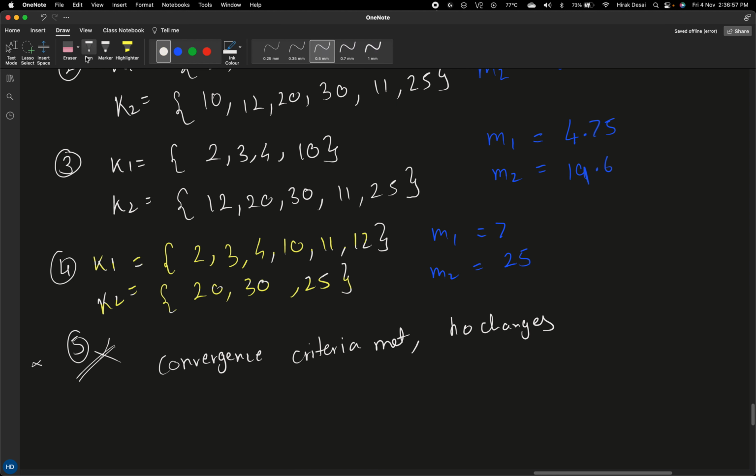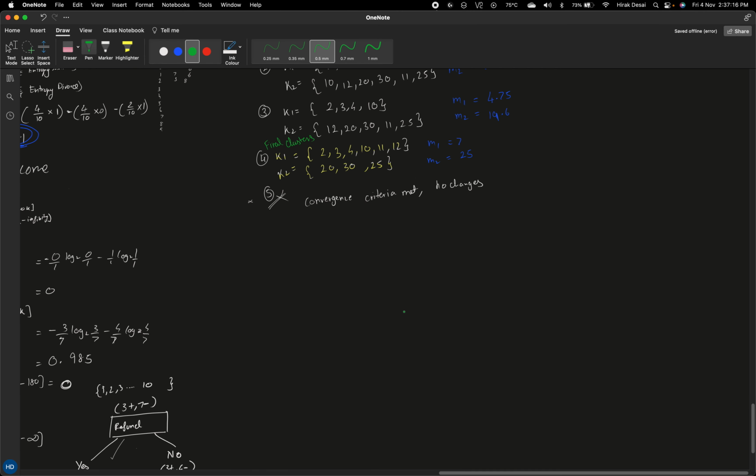So that's the answer. So I'll just write them down. Final clusters, right? So that is K-means done. That is your final answer. K1, K2, just write them down as an answer. That is your question done.